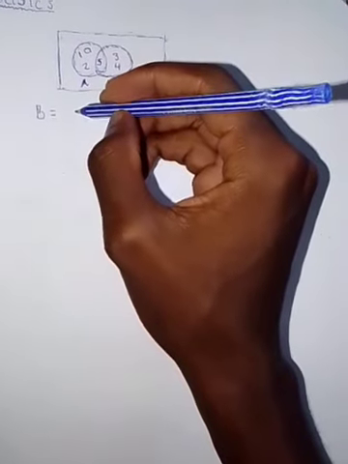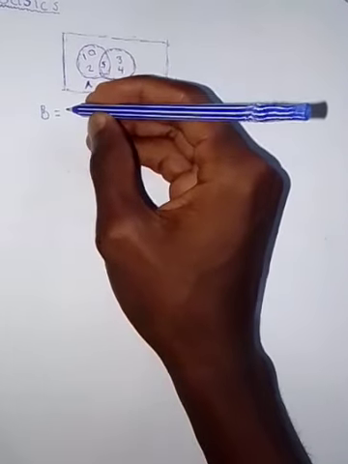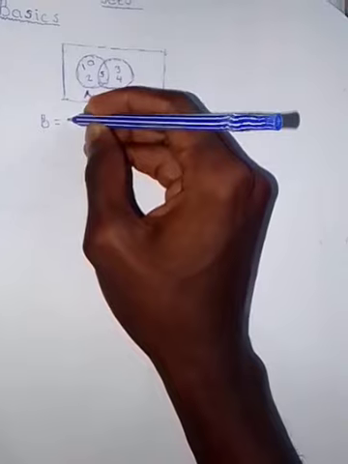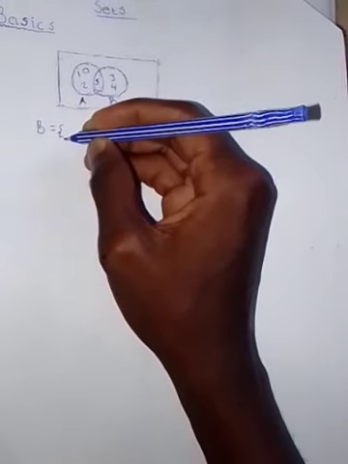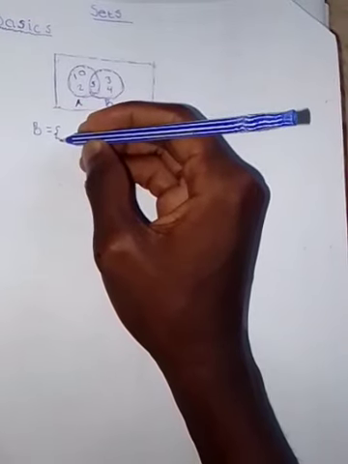Set B can be represented in this way, using what we call braces or curly brackets.